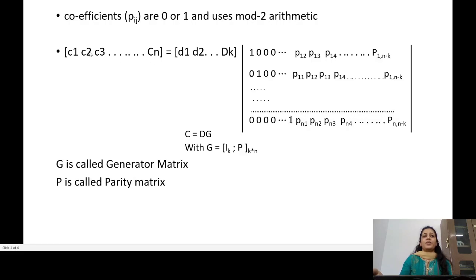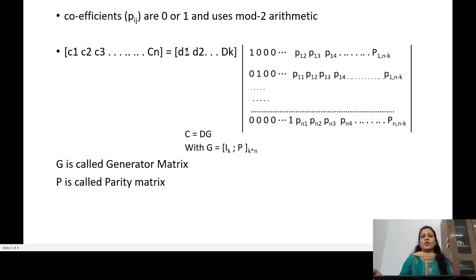For example, to generate the first bit C1, I will multiply this entire row matrix with the first column. In the first column I have only a single 1, therefore only D1 will appear here. If D1 is equal to 1, the result of multiplication would be 1. If D1 is equal to 0, the result would be 0. So I am getting only D1 as my result.